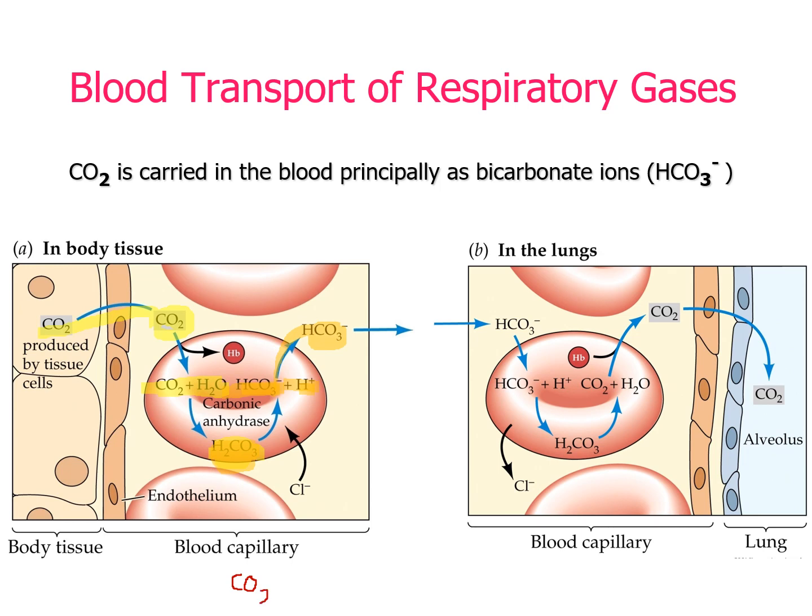So CO2 produced in the cells, in the body tissues, goes into red cells and combines with H2O through the action of the enzyme carbonic anhydrase. And notice I mark the arrow in both directions because this reaction can go in either direction. And it forms carbonic acid, which is H2CO3.